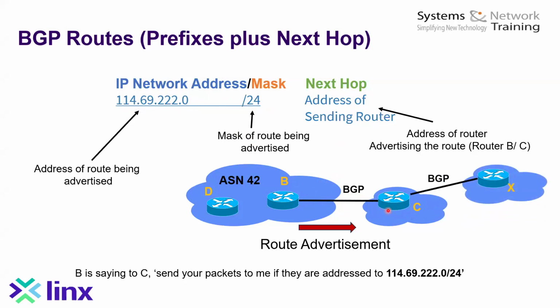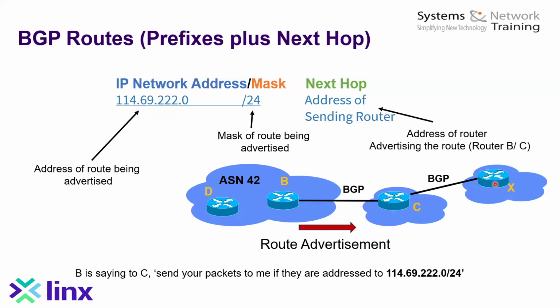And you can go further and say, let's say C passes that prefix onto this router in another ISP, router X. If X gets a packet for a device on this network, where's X going to send the packet?